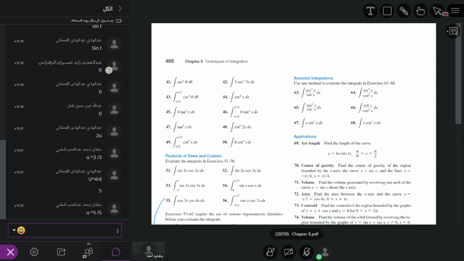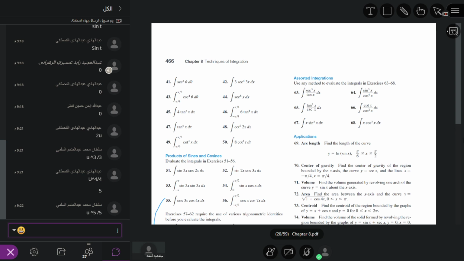Now what is cosine minus x? Cosine function is an even function. It absorbs the negative. You understand my point? So cosine minus x is equal to cosine x. I again repeat, cosine function is an even function.